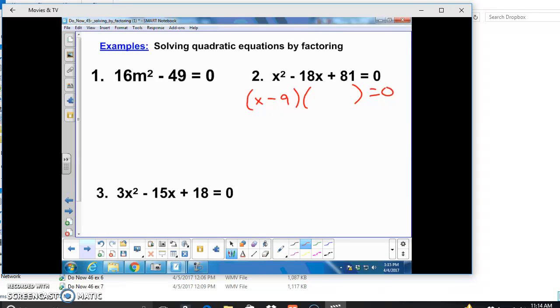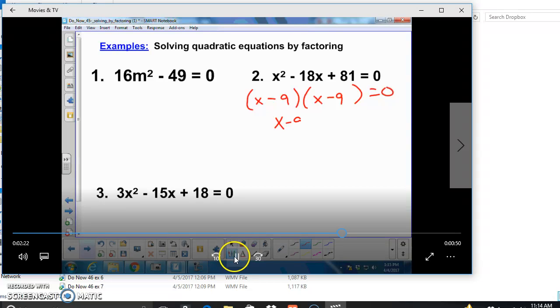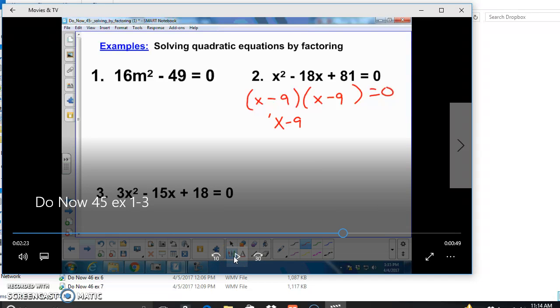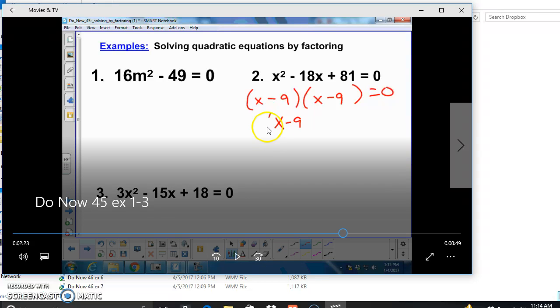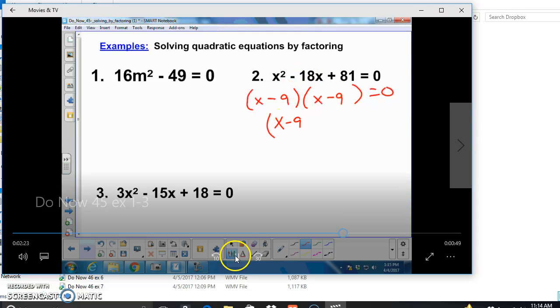Excuse me, I might have said plus 9, but it's x minus 9 and x minus 9. When you multiply negative 9 and negative 9, you do get positive 81. And if you add negative 9 and negative 9, you get negative 18.